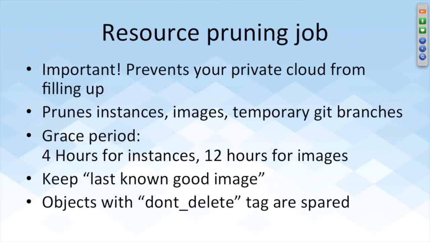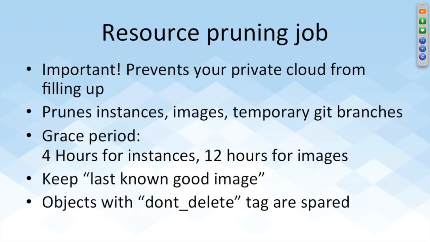This is something we learned very early on, and that is it's very important to have a resource pruning job for your CI environment. And the reason is when you're using a private cloud as the main automation tool for your CI pipeline, you're going to be creating a large number of objects all the time.